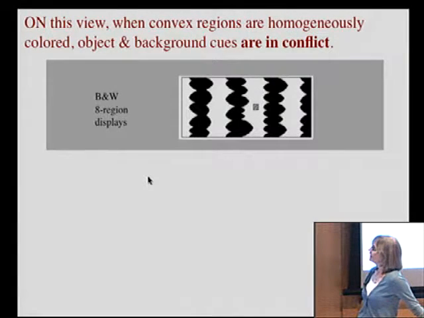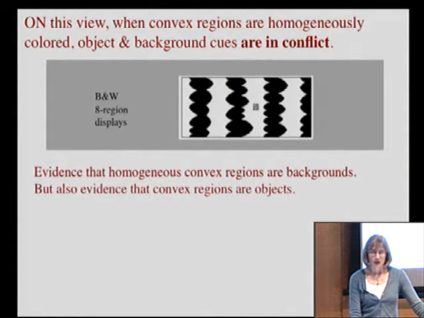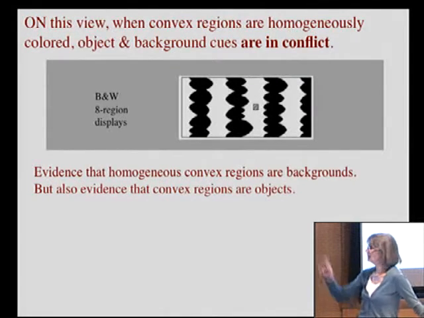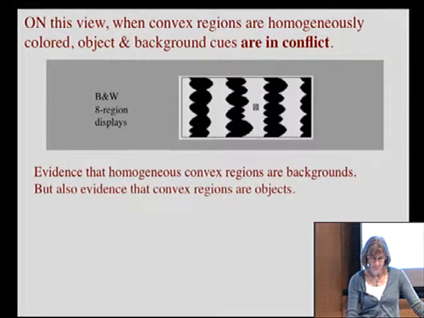And so it could be that there's a lot of competition going on in these displays, even though subjects report 90% of the time in these 8-region versions that the black regions are figure.